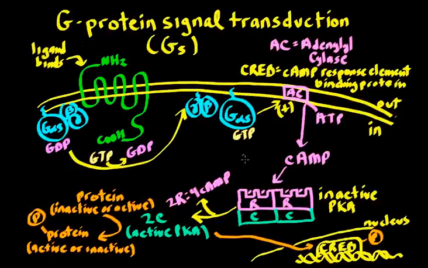Commonly, cyclic AMP is called a second messenger because the first messenger was the ligand, and now that has been handed off to cyclic AMP, which then affects protein kinase A, which does a lot of the work of cyclic AMP.